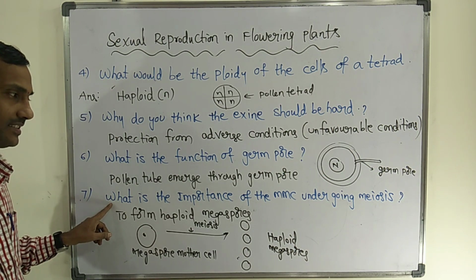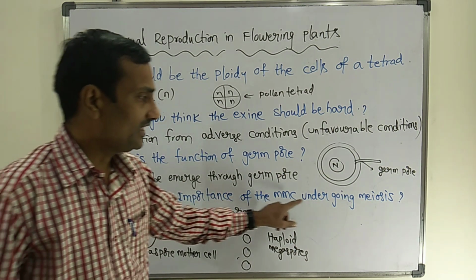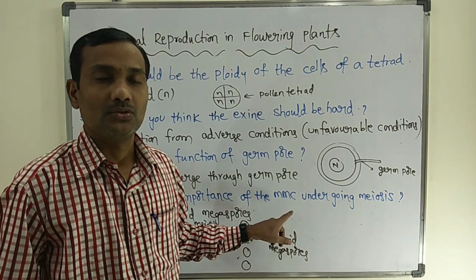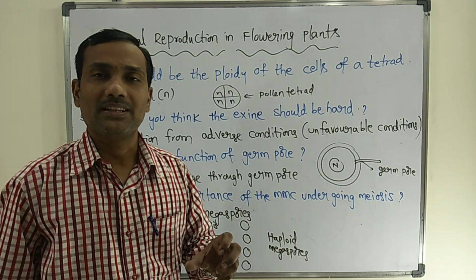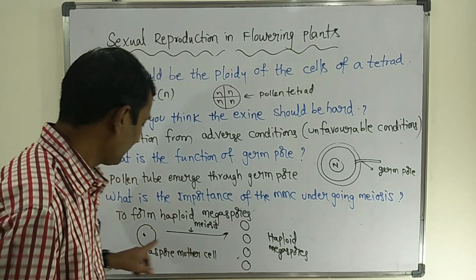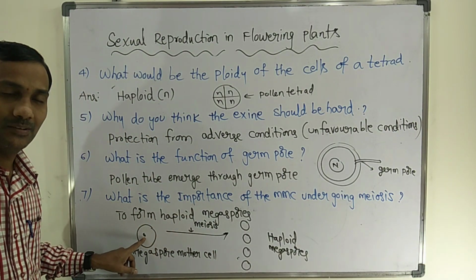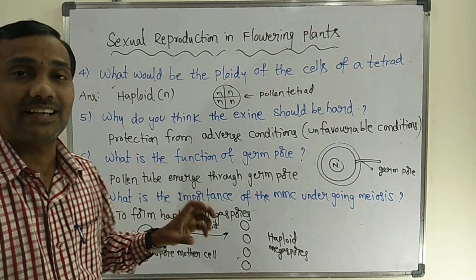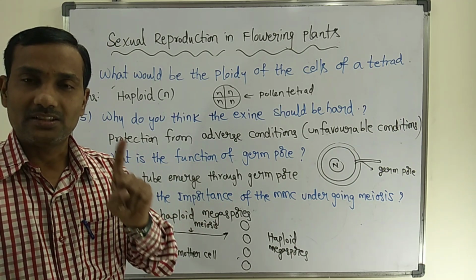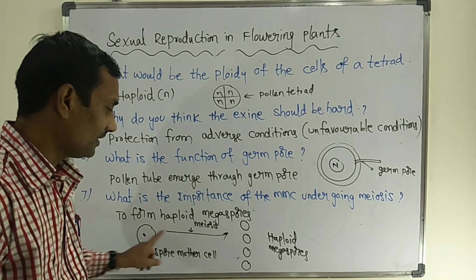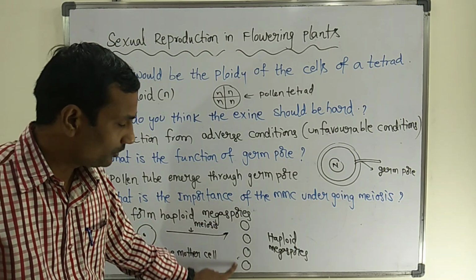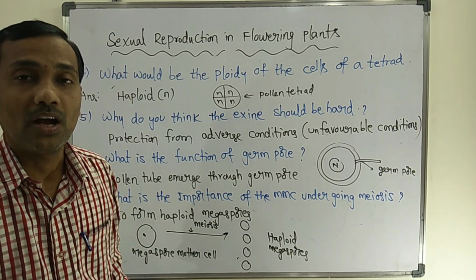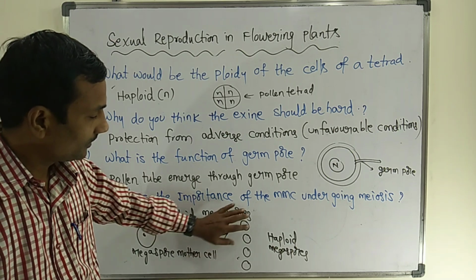What is the importance of the MMC undergoing meiosis? Why does the megaspore mother cell undergo meiosis? The megaspore mother cell is developed inside the ovule. Each megaspore mother cell undergoes meiosis, or reductional division, to produce 4 haploid megaspores.